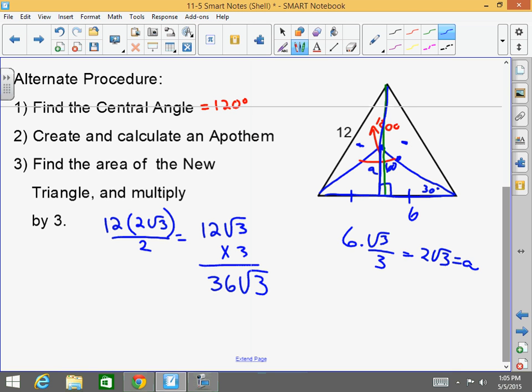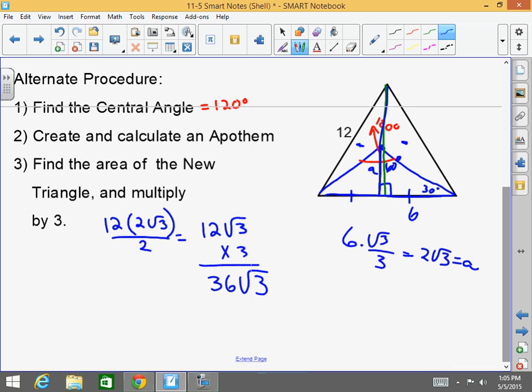Okay? Now, if you focus on this, you may catch something. You may realize that you can find the area of the regular polygon here a little bit even easier yet. Once you find your apothem, what's the perimeter of this triangle, guys? 36.